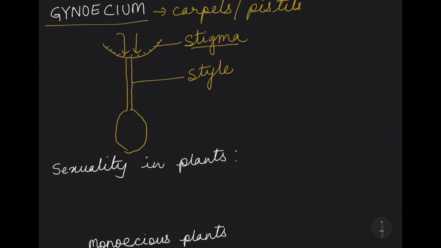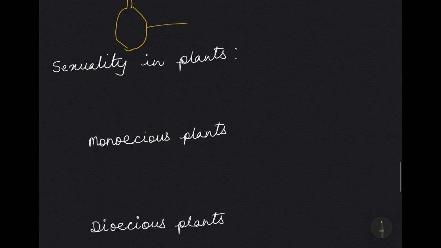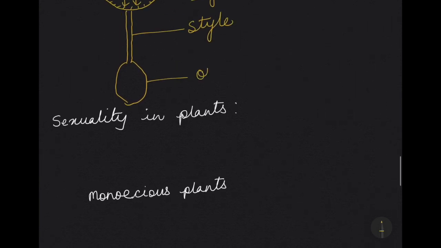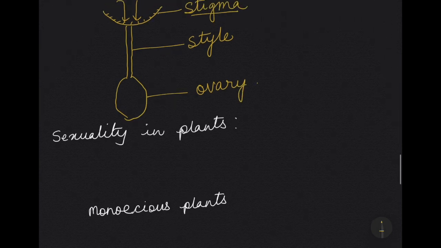Okay, swollen part, which is known as the ovary. This swollen part is known as the ovary. Okay, so the inner cavity of the ovary may be a single cavity like this. It is a single cavity, or, okay, so you can see this is a single cavity, or it is divided into several chambers, many chambers.